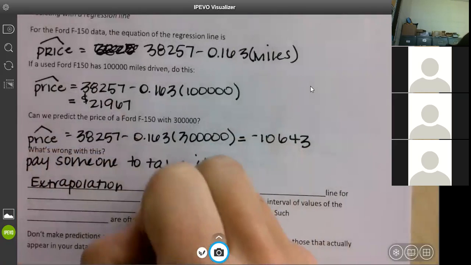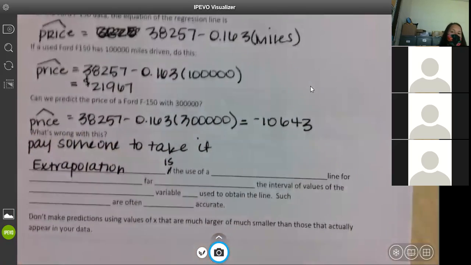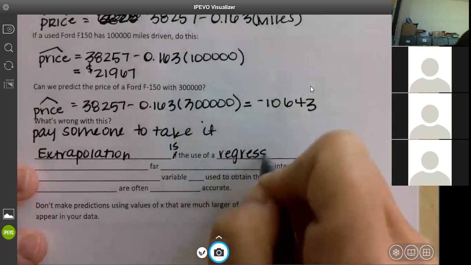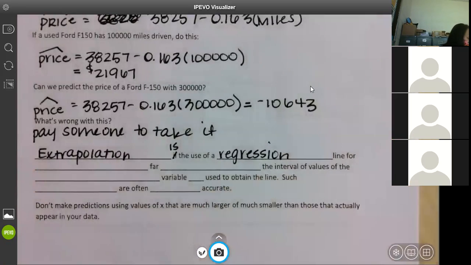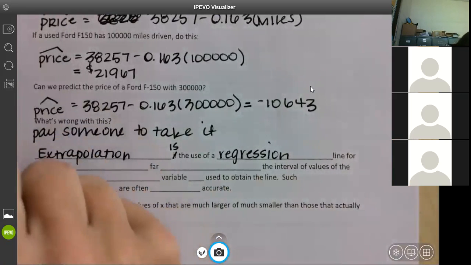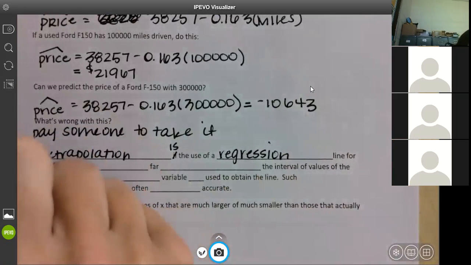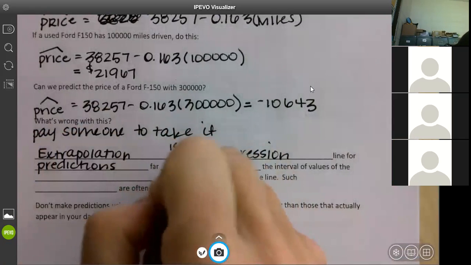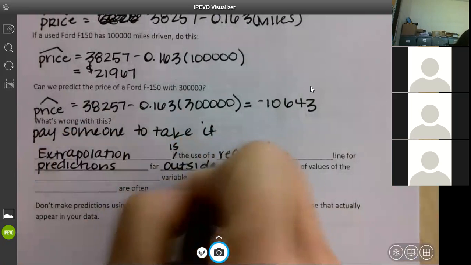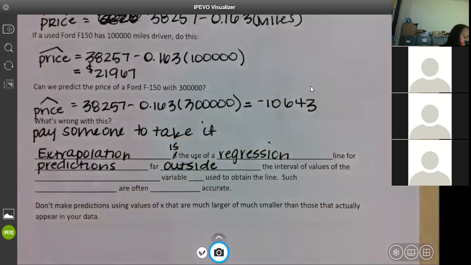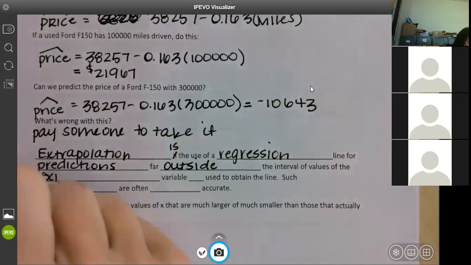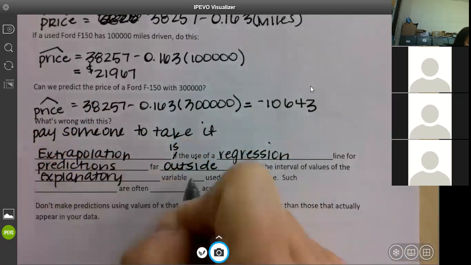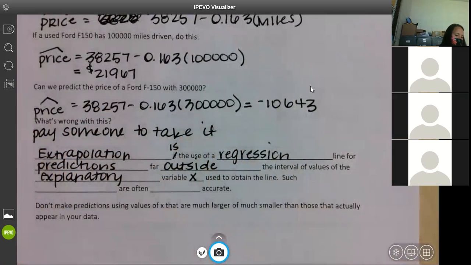this should say is the use of a regression line for predictions far outside the interval of values of the explanatory variable x used to obtain the line.